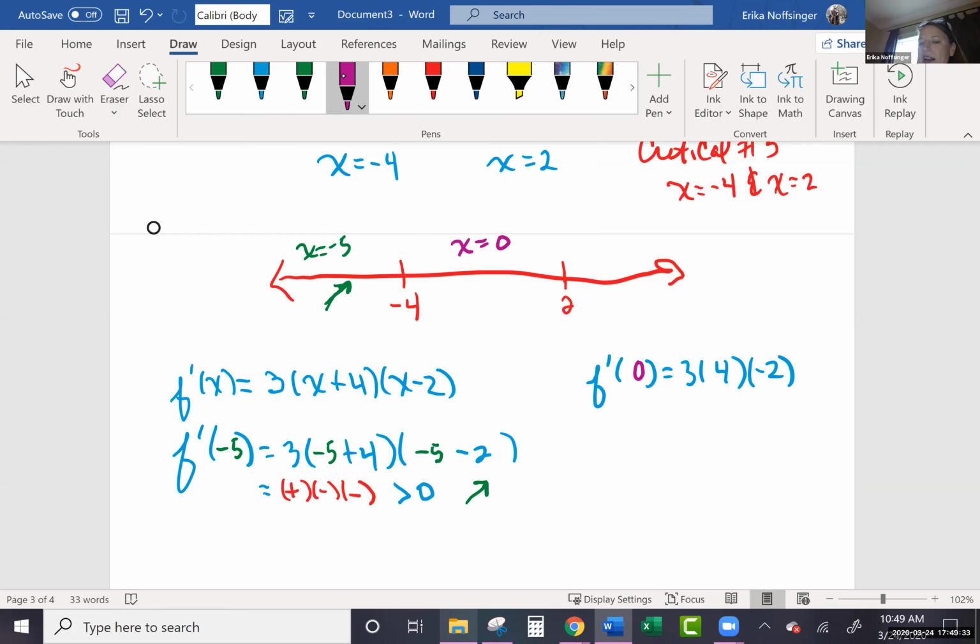And so I can multiply that out, or I notice that this is going to be less than 0 because I'm multiplying two positives and a negative. And so if the derivative is less than 0, that tells me my graph is decreasing within this interval.